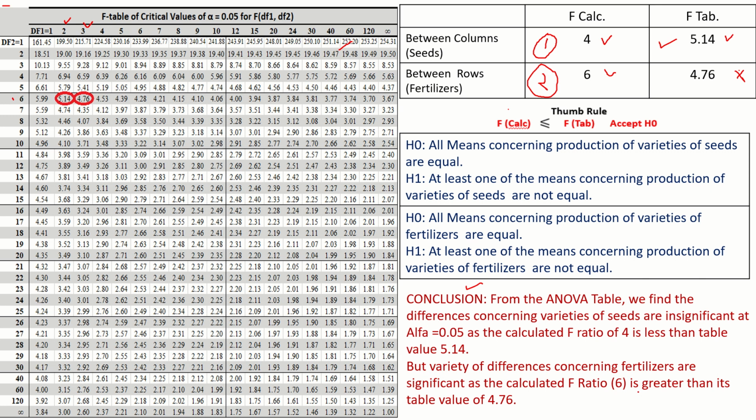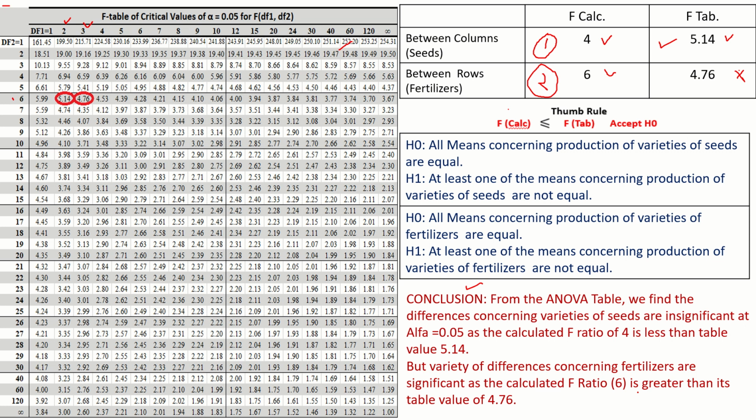Let us sum up what we have understood. In these lessons we have understood the difference between one way ANOVA and two way ANOVA. In two way ANOVA, we have added two more steps.